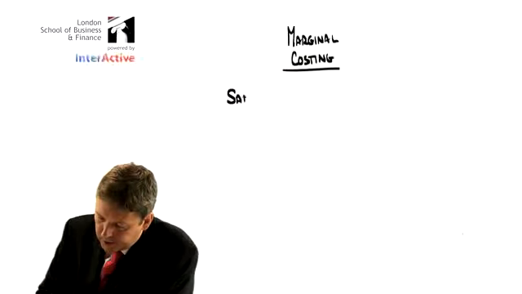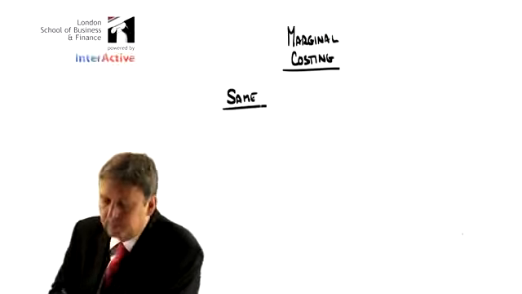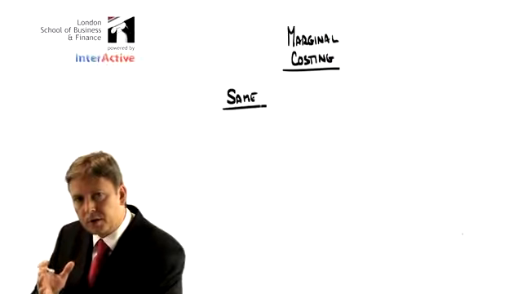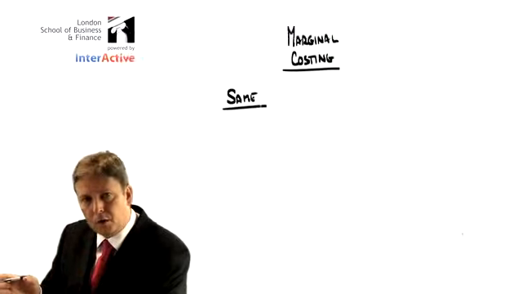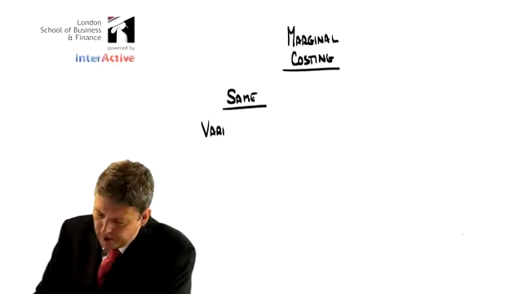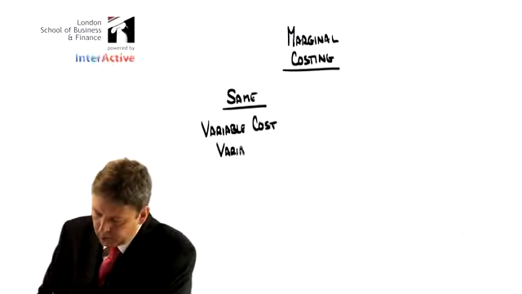Well, let's consider those things that remain the same. Remember, the treatment of variable costs under both absorption and marginal costing is the same. So all our variable cost variances will not change.